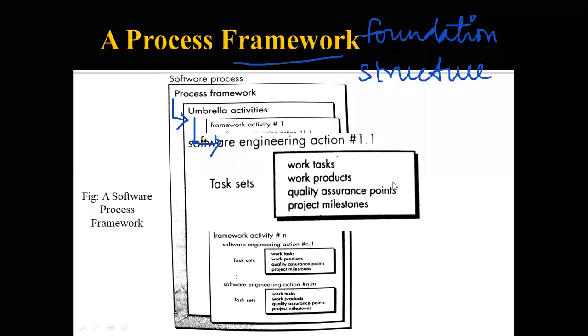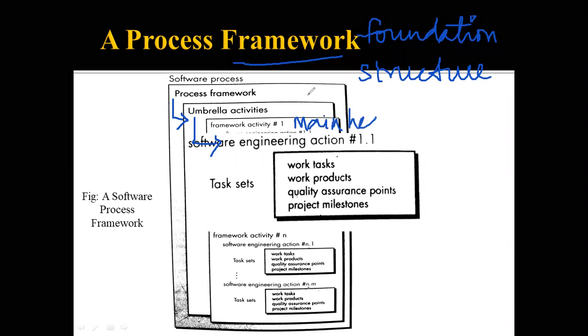Now we'll just zoom in. What is a software engineering action? When you've got one particular task, like in a textbook where you've got one main topic, suppose framework activity 1, this can be your one particular task. This framework activity is your main heading.